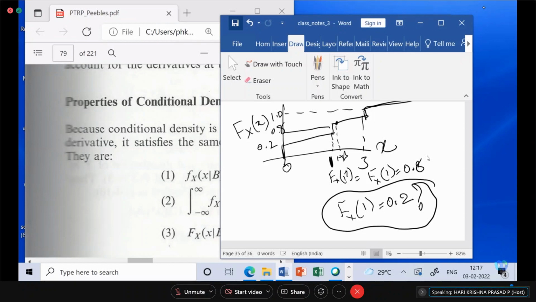To avoid such questions, by definition, the distribution function at a specific value of x will have a value equal to the value of the distribution function at that specific value plus delta. So F_X(1) equal to F_X(1 plus delta). That is what the sixth property says. Here it becomes equal to 0.8. Any questions, please?